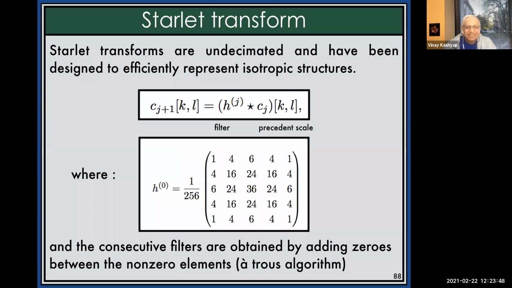It looks like this. So a starlet, the idea is that it's undecimated, so every transform in wavelets has the same size. And also it's a means to represent isotropic structures, so it's the same more or less in every direction. And it is well suited for small sources like stars. To disentangle, it's really easy because it's isotropic.